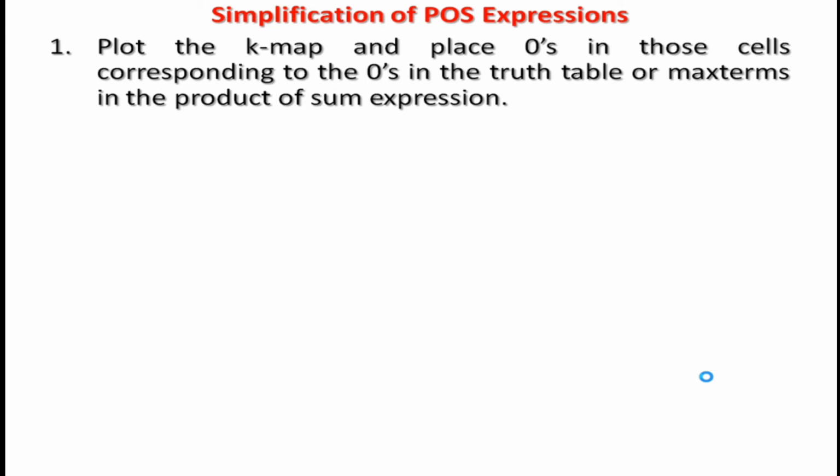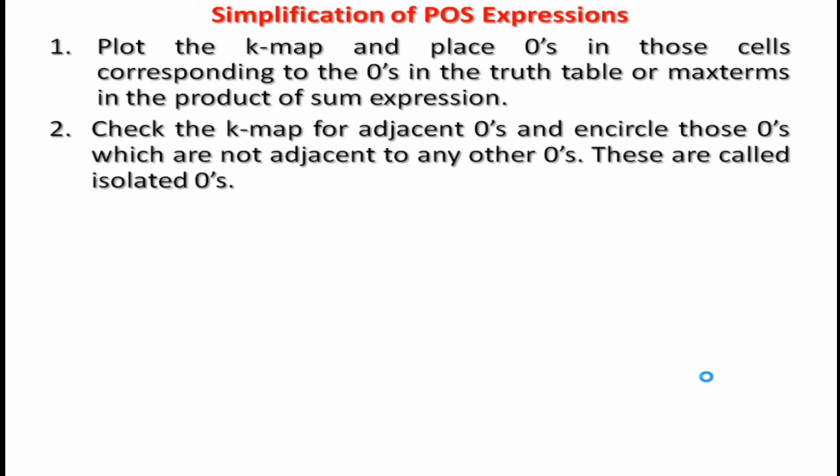So in sum of product expression, we plot the ones in the cells, whereas in product of sum expression we place the zeros in those cells corresponding to the zeros in the truth table, which we call maxterms in the product of sum expression.